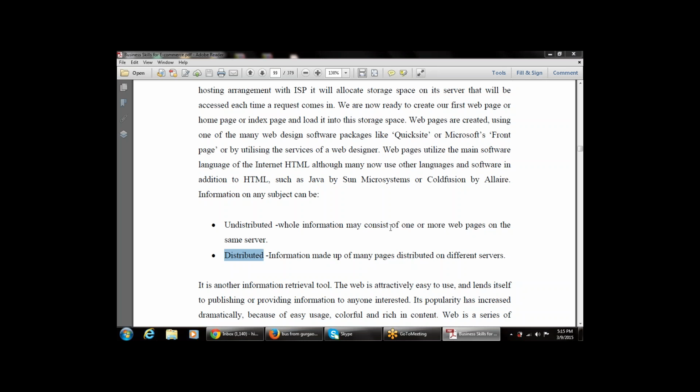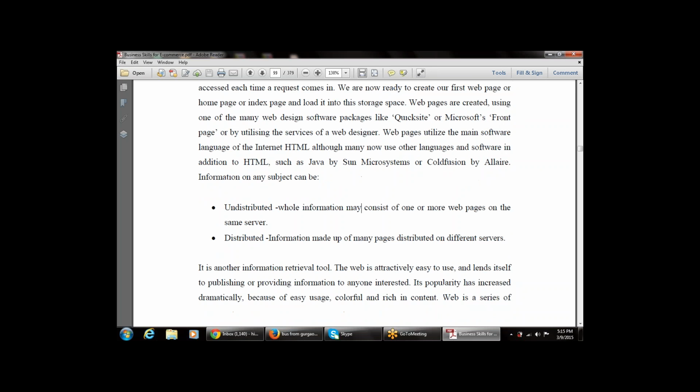There are two types of information available over the internet: one is undistributed, one is distributed. In distributed information, the whole information may consist of one or more pages.